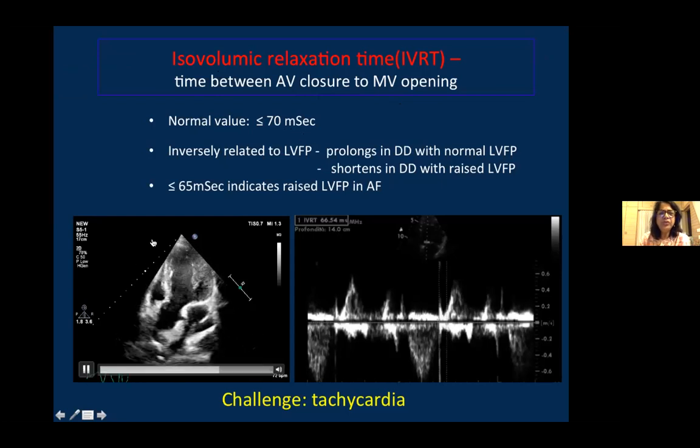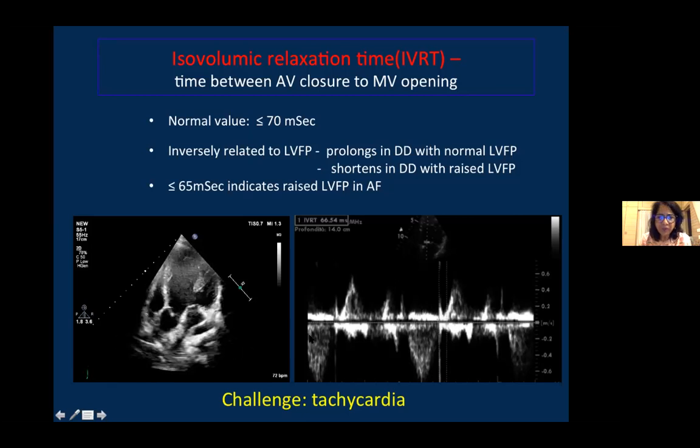How do we do that? We go to the apical 5-chamber view. As you can see, this is the mitral valve and this is the aortic valve. So LVOT is here. Now we will get the cursor and place the sample volume in between the mitral valve and the aortic valve and get the pulse wave Doppler.